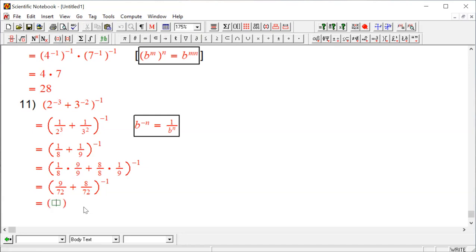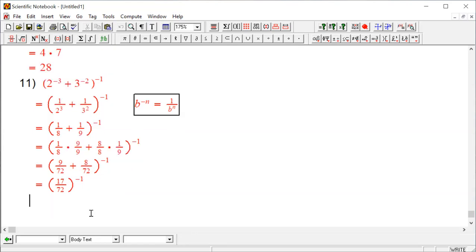we've got the -1 power. Now, 9 plus 8 is 17, and the denominator 72 stays there. Now we are going to apply this negative exponent one more time.